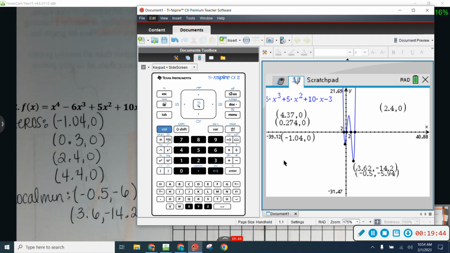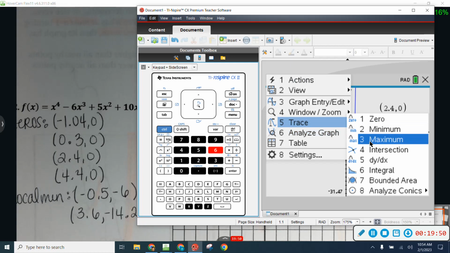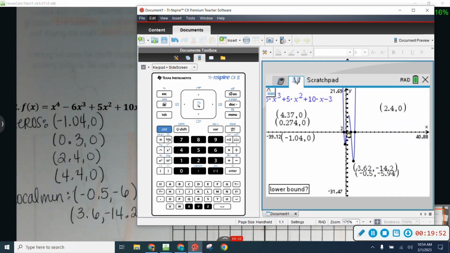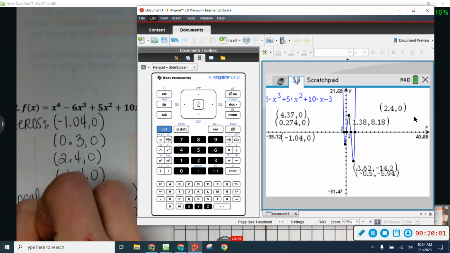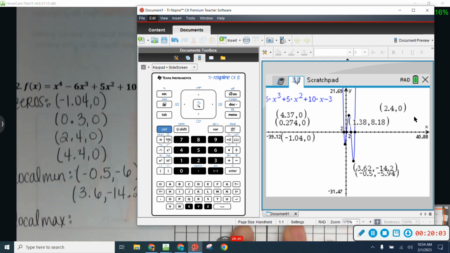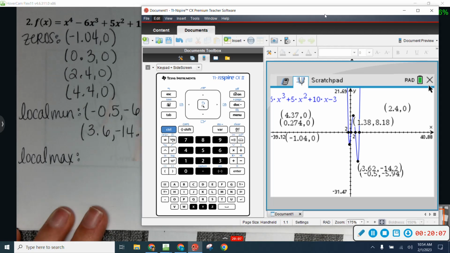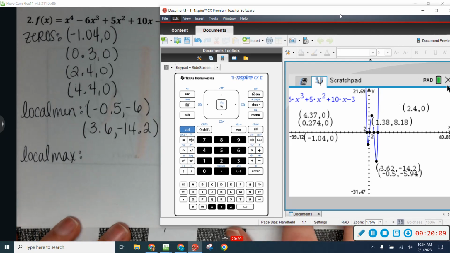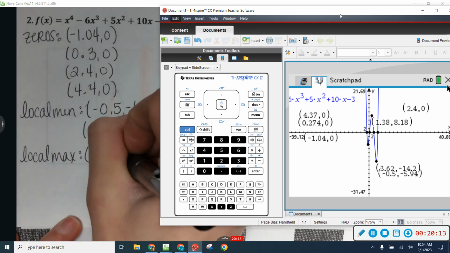I know what I'm doing? Okay. And then I'm going to do my maximum, menu 6, 3, to the left and over to the right. So we're going to say that's 1.4 and 8.2.